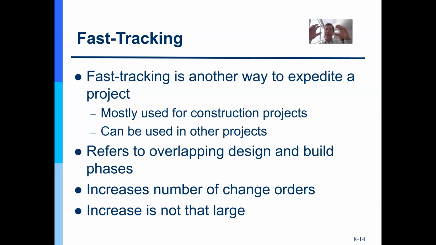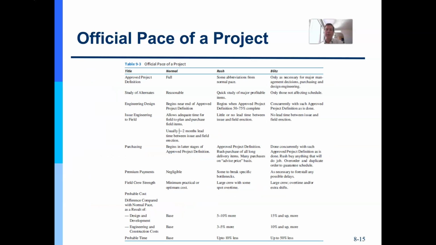So I take activities that are normally scheduled in sequence, finish to start relationship, and I could run them in parallel. Notice that that will increase risk because it was scheduled finish to start in that sort of relationship for a reason. So as a project manager, be careful of risk here, right? I'm overlapping things that were normally scheduled in sequence. I'm not adding extra resources to it, but I have increased risk because it wasn't the way it was supposed to be.